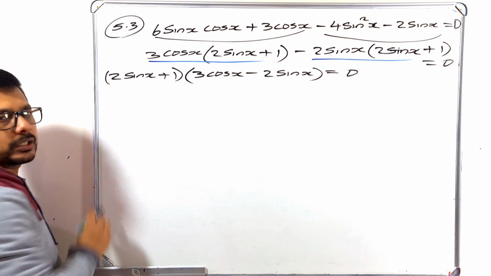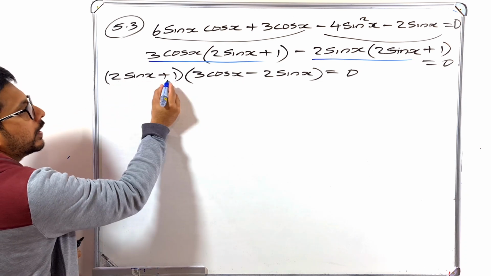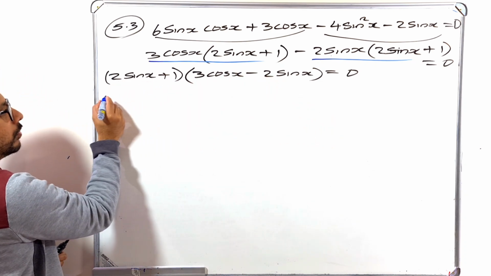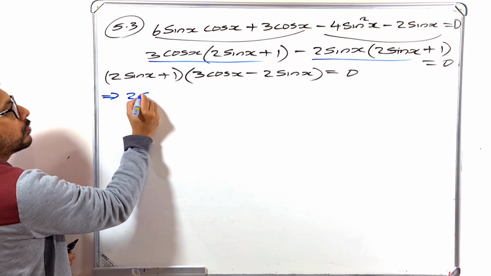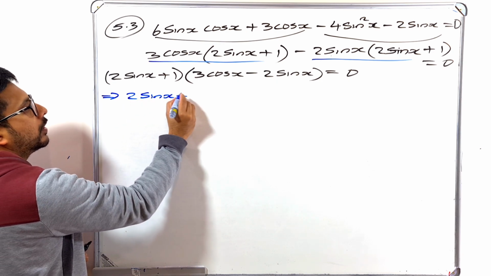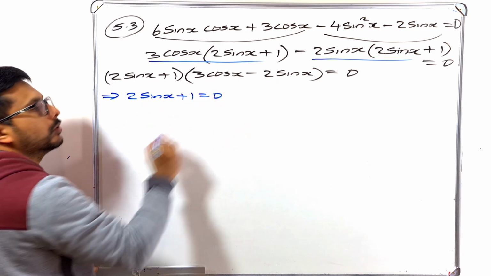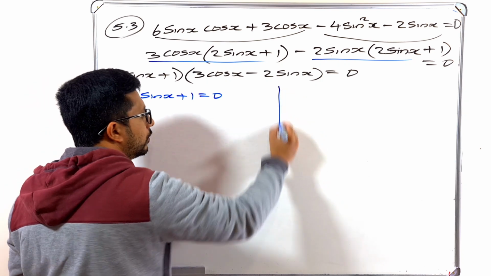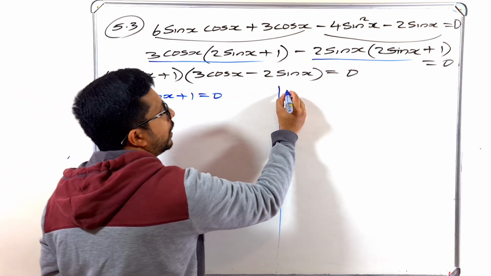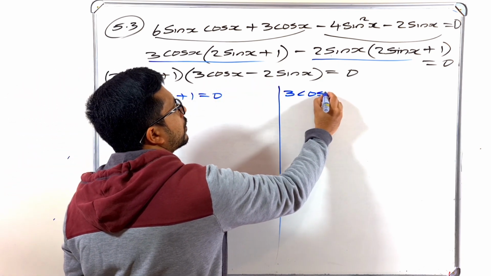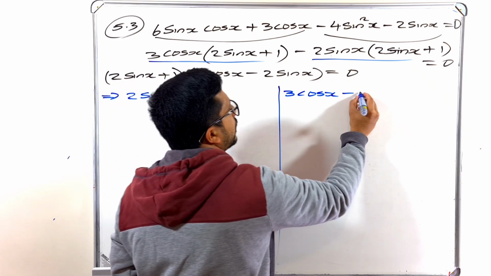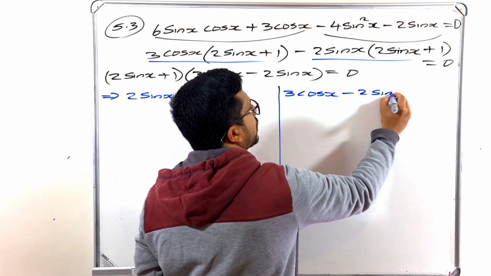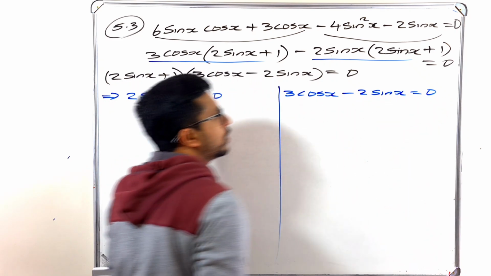Okay, first we consider the first one. 2 sin x plus 1 is equal to 0, or 3 cos x minus 2 sin x is equal to 0.